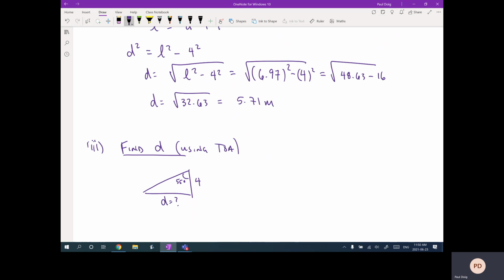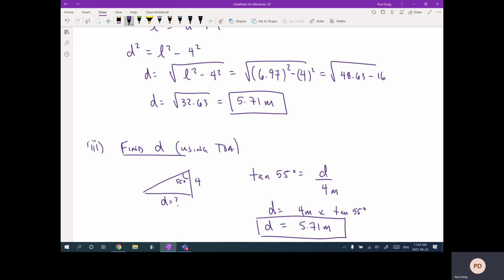Well, what we do know is that tangent of 55 degrees would equal D divided by 4 meters. So D equals 4 meters times tangent of 55 degrees, plug that into your calculator, and you'll see, that's pretty cool. It still equals 5.71 meters. Nice. So we got the same answer.